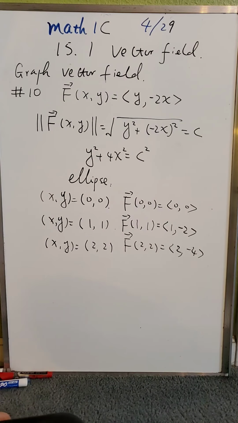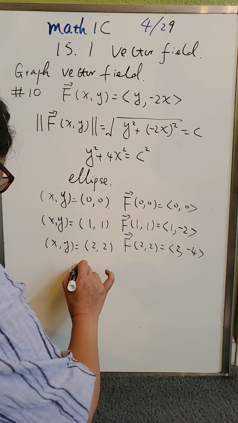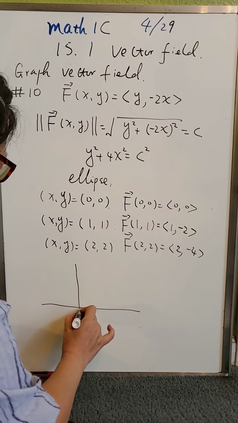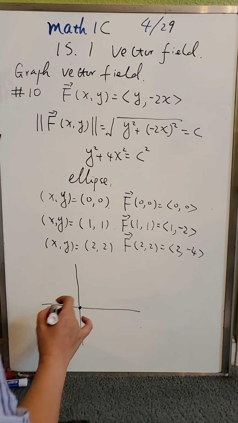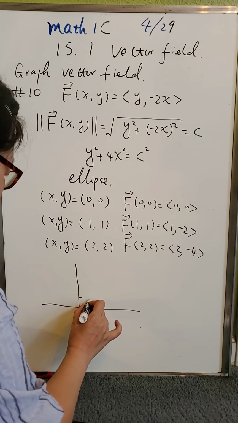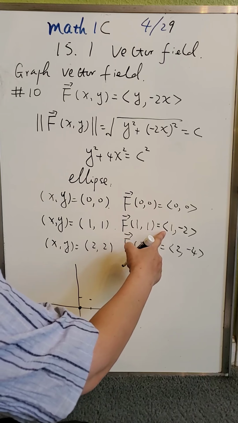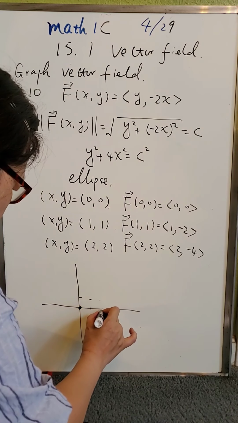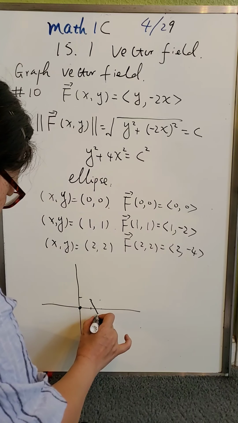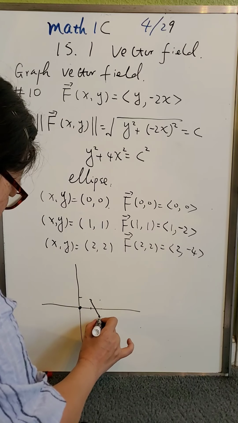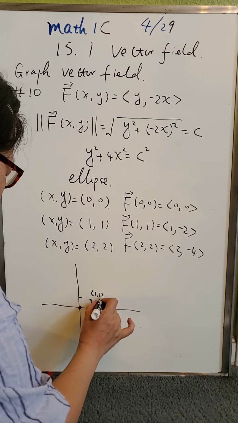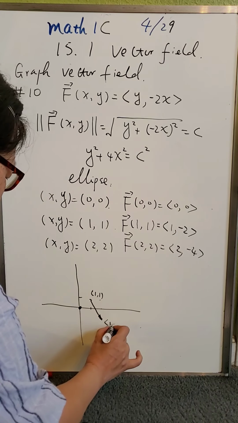Then I start to graph here, okay? So the first point is 0, 0, right here in the center, origin. And then 1 and 1. And then I go to x equal 1, y is equal to negative 2. So this is 1 and 1, 1 and negative 2.